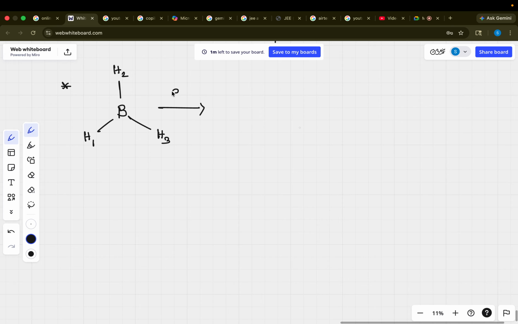Now if I rotate by 120 degrees in clockwise motion, H1 will come here, H2 will go there, and H3 will come here. So this is your C3 axis.